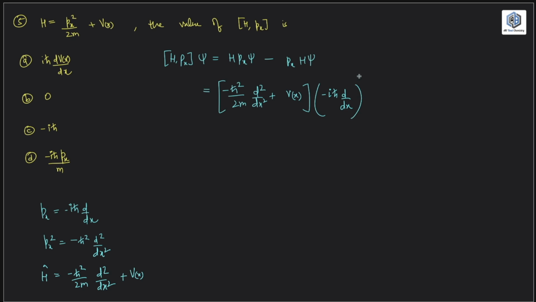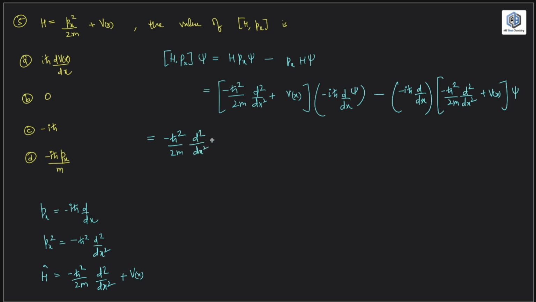If I operate on psi, this becomes psi minus, then I put the value of px, that is minus i h cross d by dx, and the value of H, which is minus h cross square by 2m d2 by dx square plus Vx, on psi. Now if you open the bracket, this becomes minus h cross square upon 2m d2 by dx square plus Vx, and you will have minus i h cross d psi by dx.